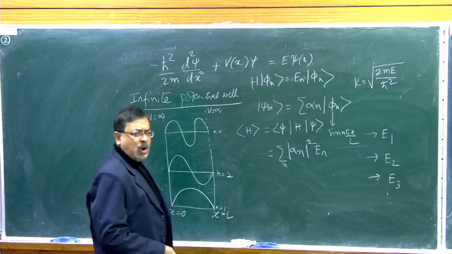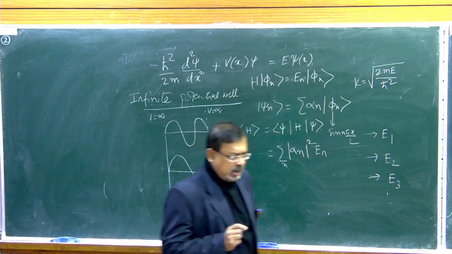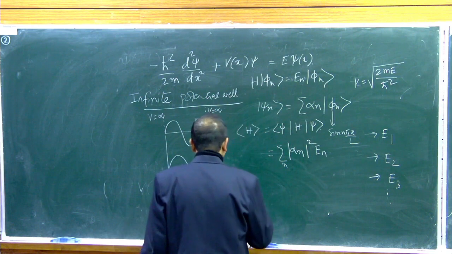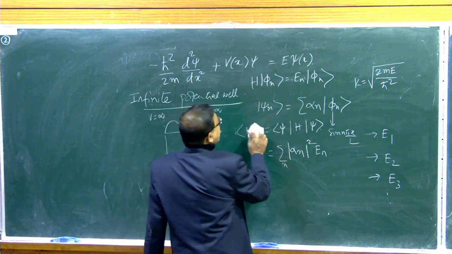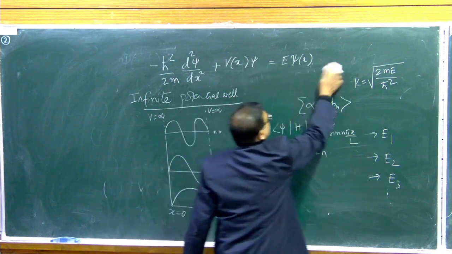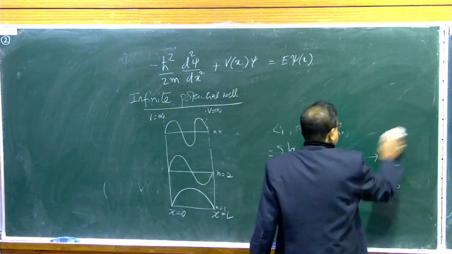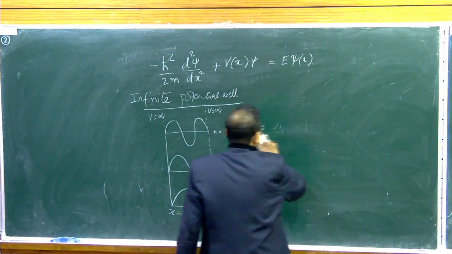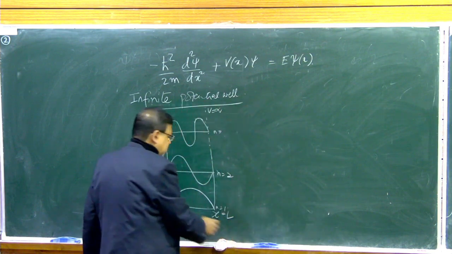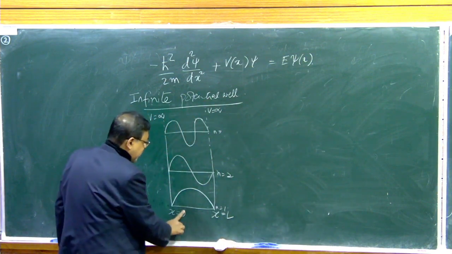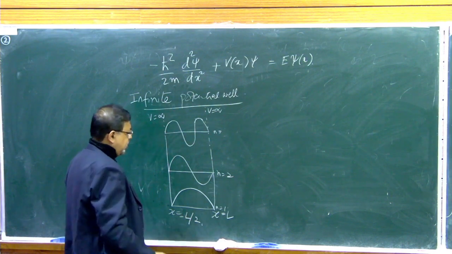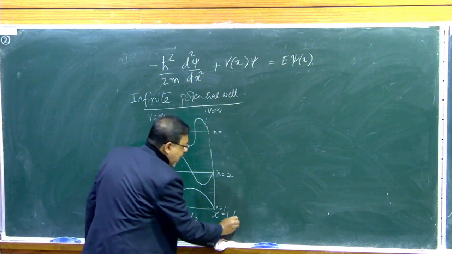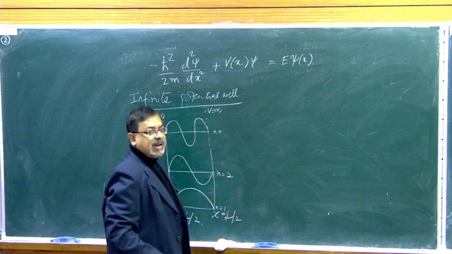I make the problem slightly more complicated, or maybe a little tricky, and say that I don't do anything to this problem except that I shift it towards the left by minus L by 2, which means that this end is not 0, but it's L by 2, and the right end is at plus L by 2.